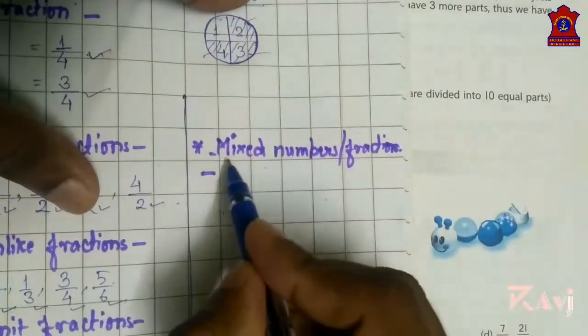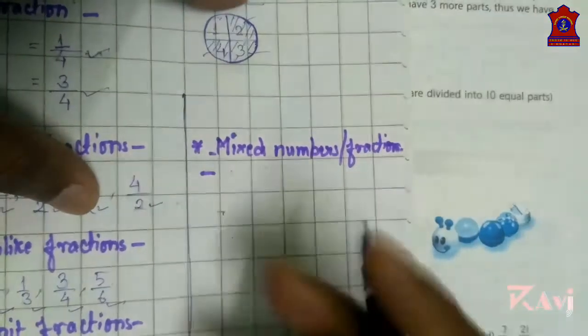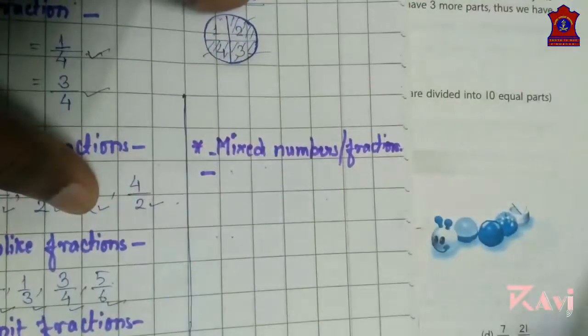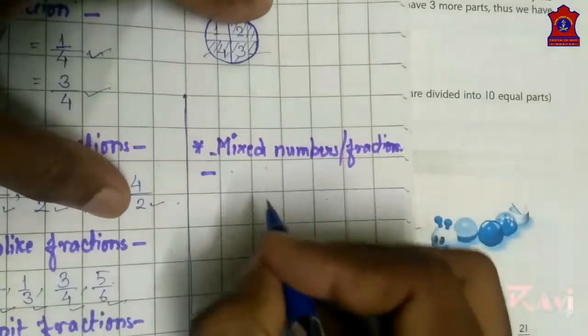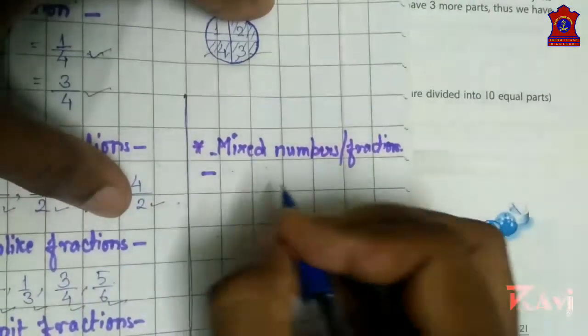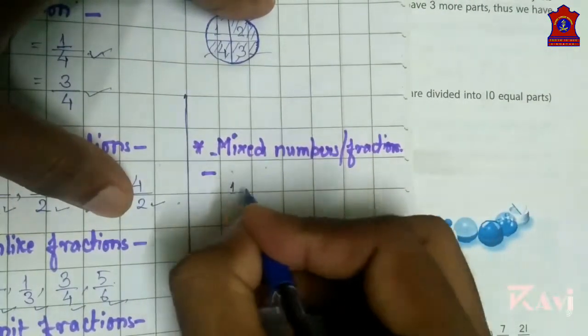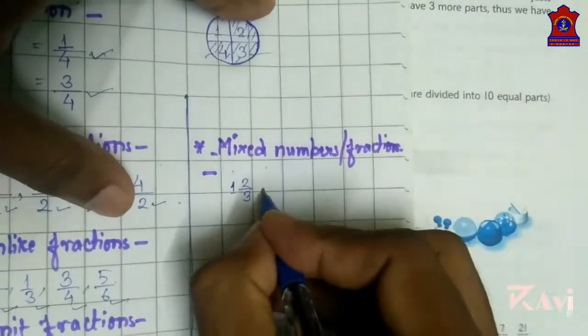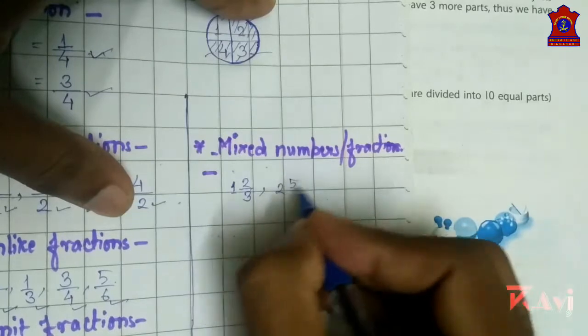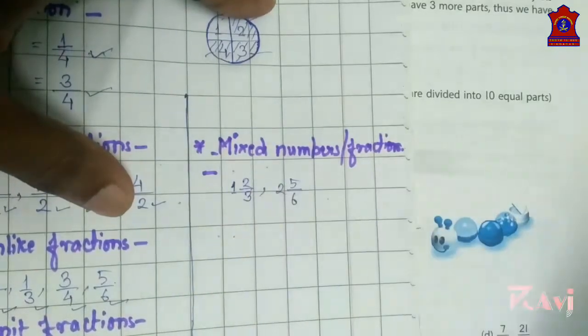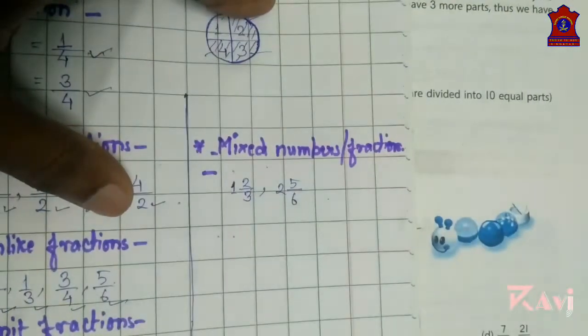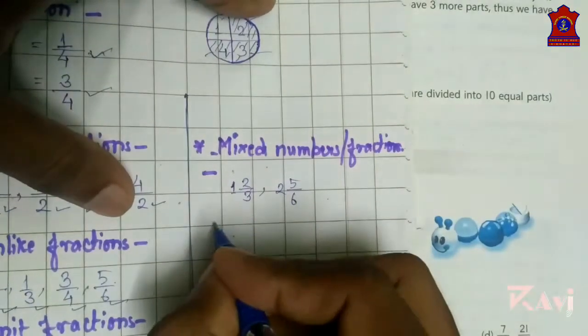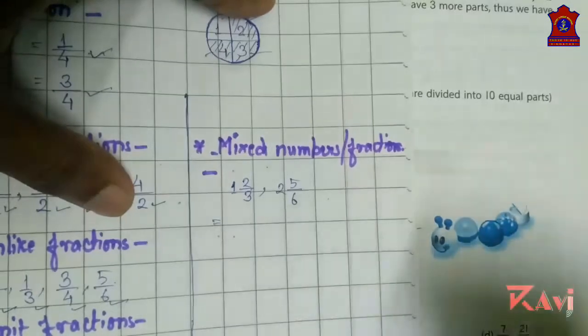Next is mixed numbers or fractions. What is a mixed number or fraction? When the fractional numbers are written in this manner: 1 whole 2 by 3, 2 whole 5 by 6. These kinds of fractional numbers are known as mixed fractions. See here, mixed fractions can be converted into improper fractions.